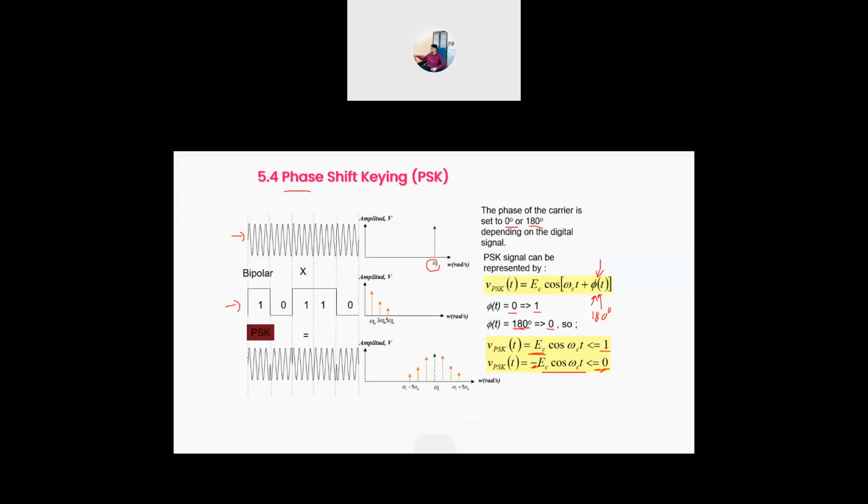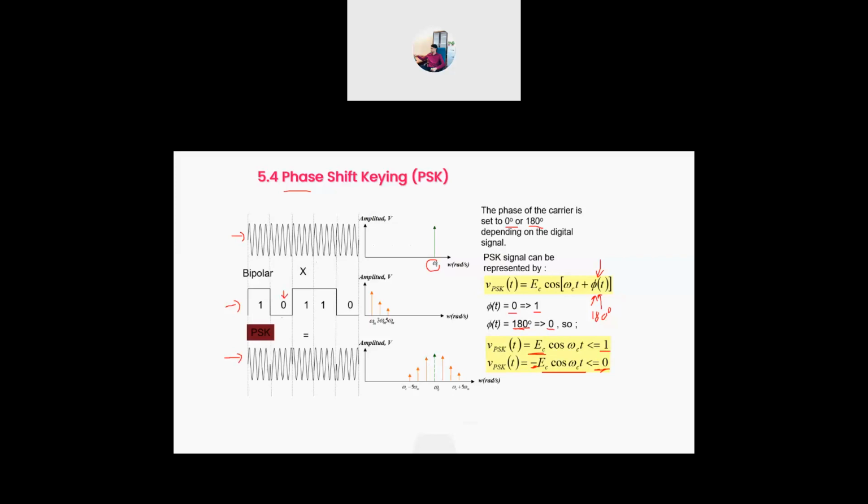So if you see, this is the output of your PSK. This is your carrier modulated with bit 1 of your information signal. This one is 1 and changing to the next one, which is 0.